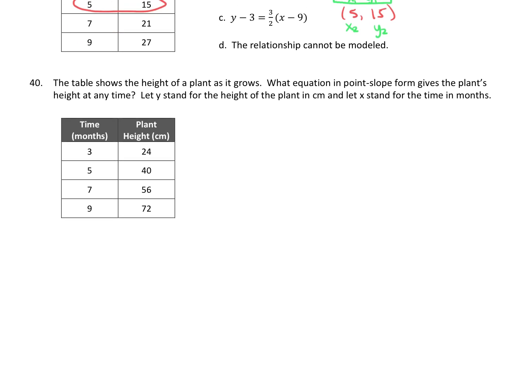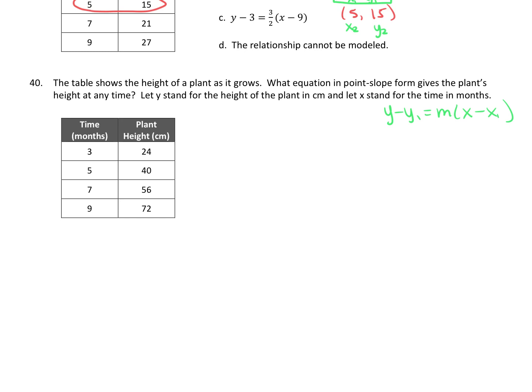All right, so number 40 is our follow-up similar question. The table shows the height of a plant as it grows. What equation in point slope form gives the plant's height at any time? Let y stand for the height of the plant in centimeters and x stand for the time in months. So point slope form, what we need is one point on the line and the slope of the line.